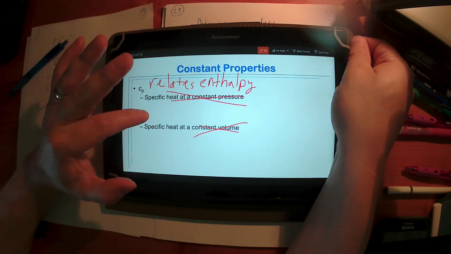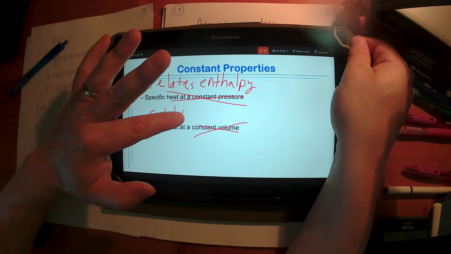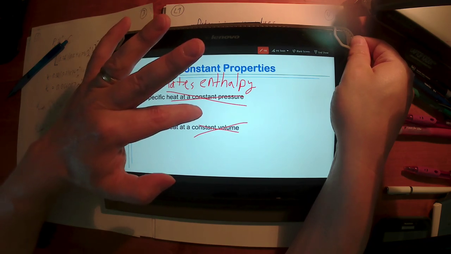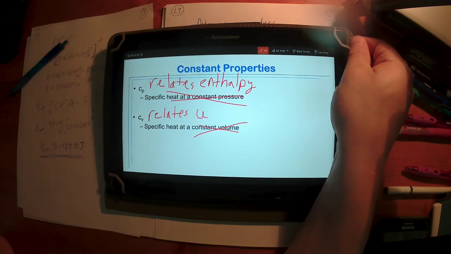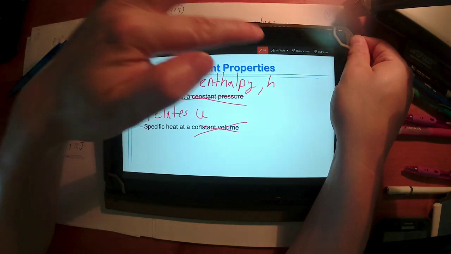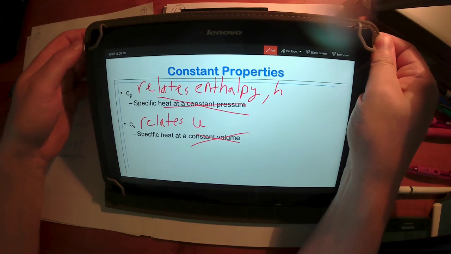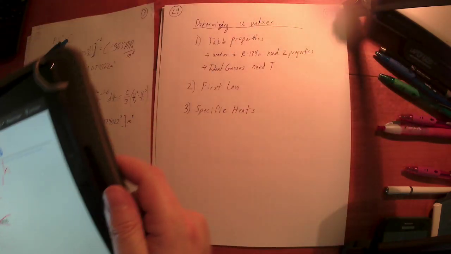C sub P relates enthalpy. C sub V relates internal energy, the U value, enthalpy being the H value. So C sub P will allow us to determine H values. C sub V will allow us to determine U values, or changes in U values. Okay?